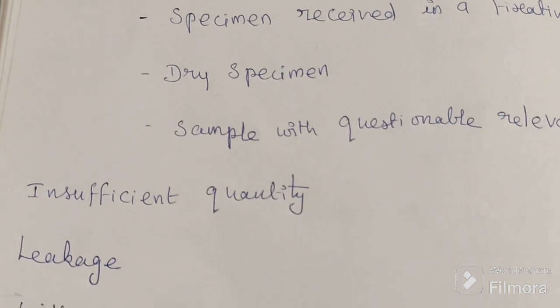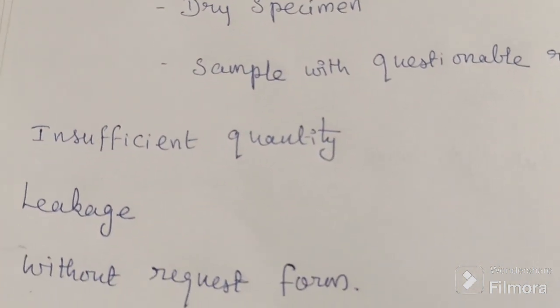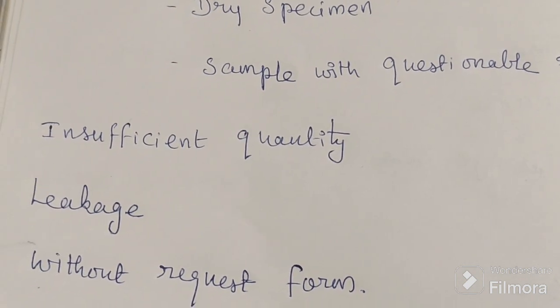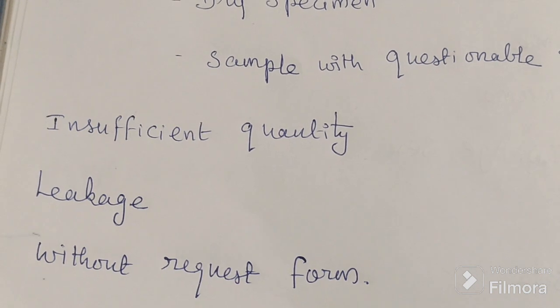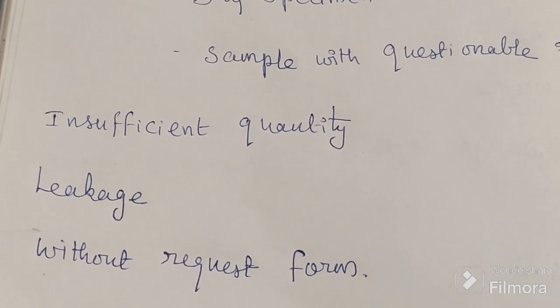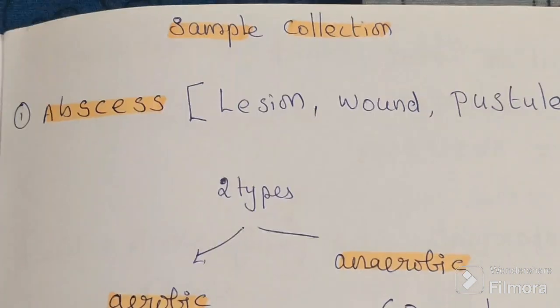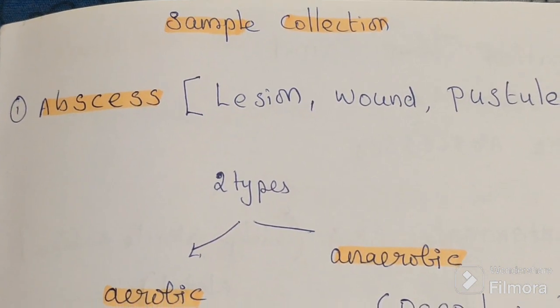Then insufficient quantity. For example, for a urine sample we require 5 ml, and if it contains only 1 ml we must reject. Then leakage, then without request form. These are the criteria we must follow.